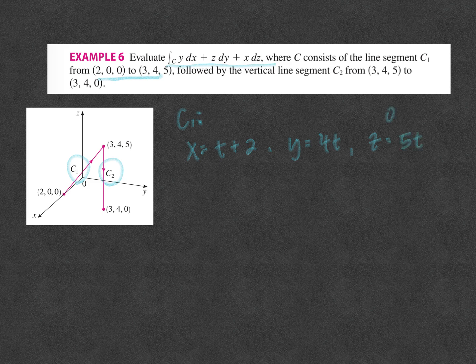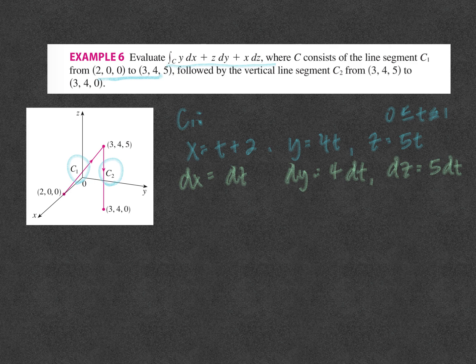And t is between 0 and 1. Now, when we do this, our next step is to find the derivatives. So dx equals, with respect to t, because we have t's everywhere, so t is my obvious parameter, so I'm going to say dx equals dt. And then dy equals 4 dt, and dz equals 5 dt.